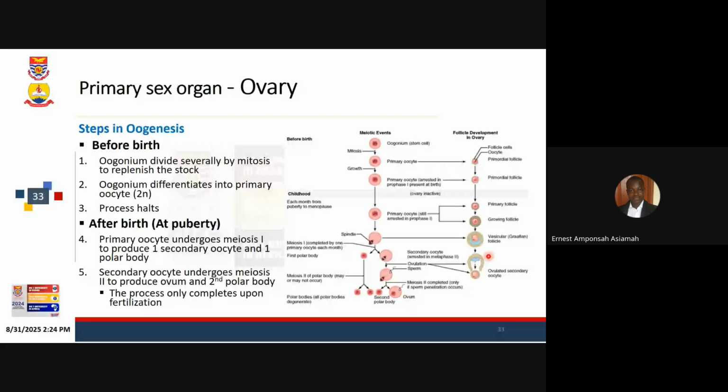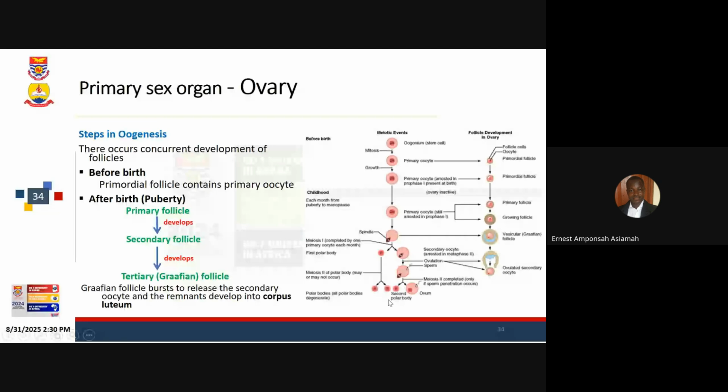Immediately the sperm makes contact with the follicle cells, it hurriedly completes the second meiotic division, so that it now becomes the ovum and will fuse with the nucleus of the sperm cell. I've added a number of photos to help us understand.